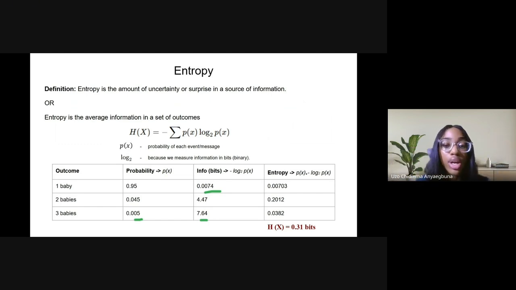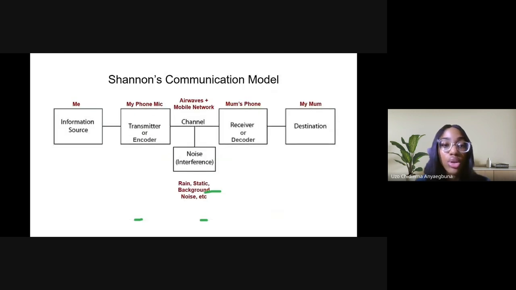And for that, we look at the Shannon communication model. So here we have about six components. The first one being me, the information source. So I'm the person that's sending or generating the message across to my mom. I want to tell my mom something, so I speak into my phone mic, and that's where I say hello.